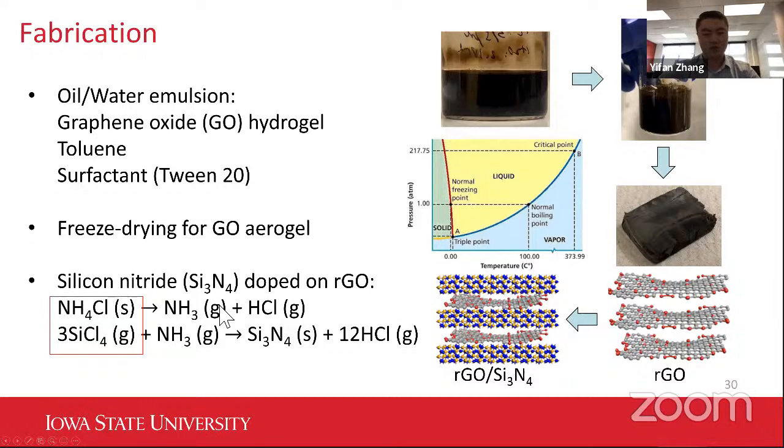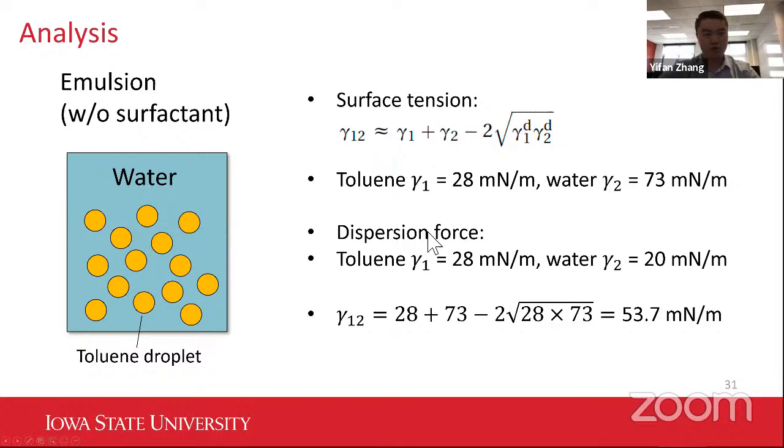After these reactions, the silicon nitride will be doped on the reduced graphene oxide aerogel, forming this sandwich structure.